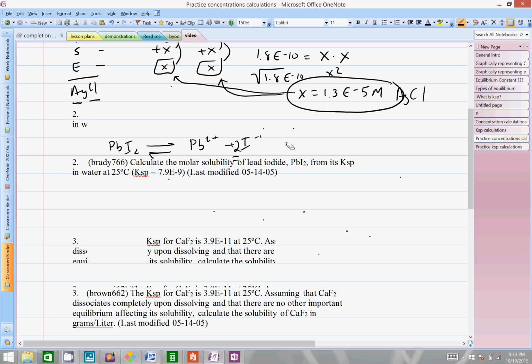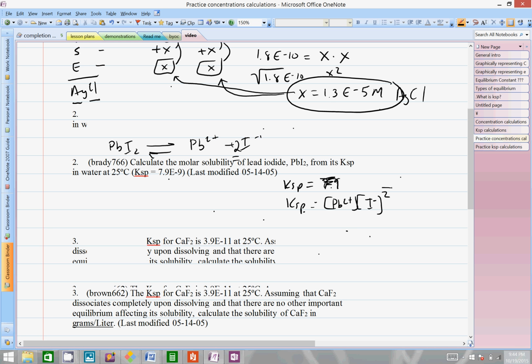So if they just ask you for the actual Ksp expression, you just go Ksp equals the concentration of the lead ions, Pb2 plus, times the concentration of the iodide ions, and this one gets squared. So if they say just give me the equilibrium expression, that's it.